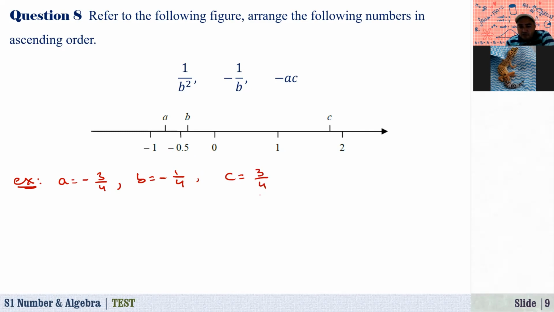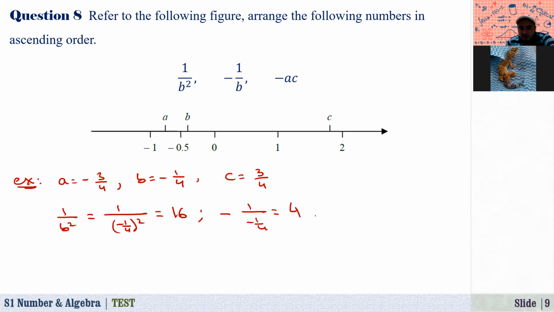So now if you just evaluate these things, what is 1/b squared? 1/b squared is equal to 1 over -1/4 squared. That's equal to 1/16, that's equal to 16. And how about -1/b? Actually, I need to write -1/b. -1/b is equal to -1 over -1/4.